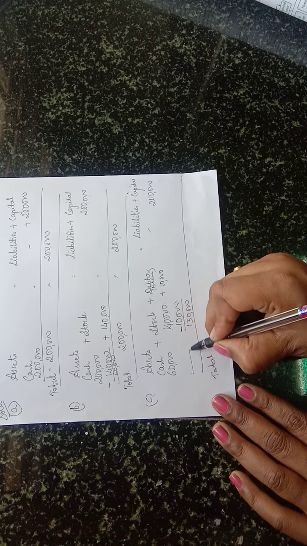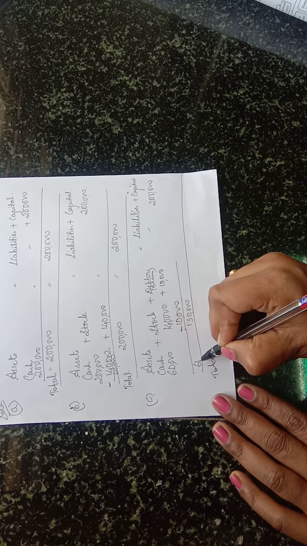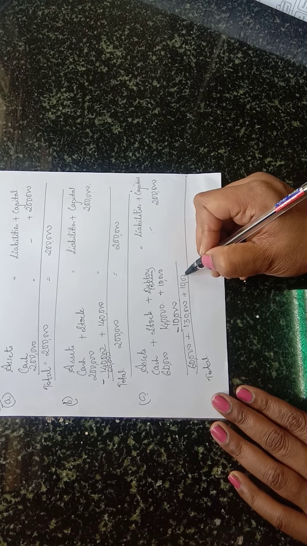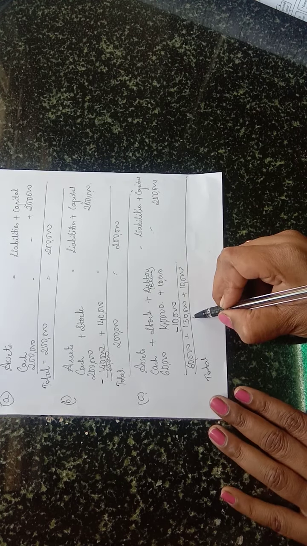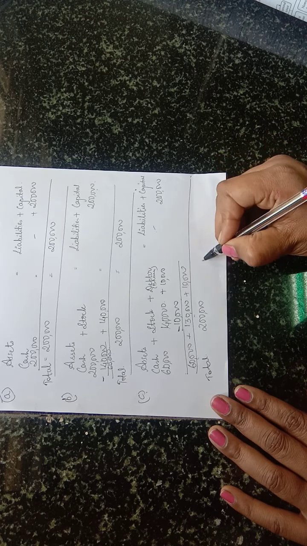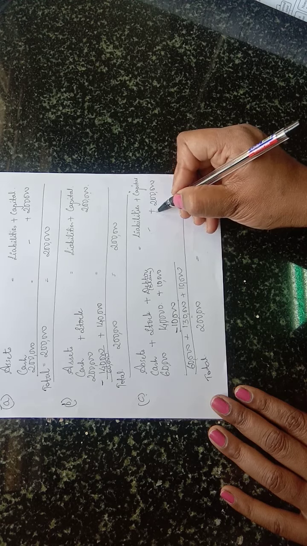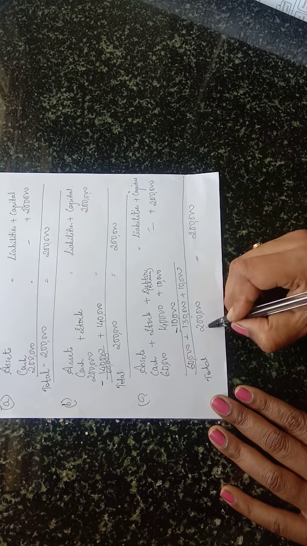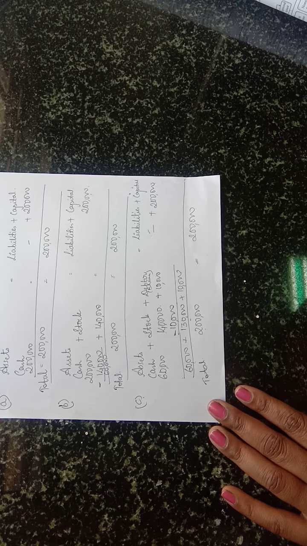I can write here also 60,000 plus 1,30,000 plus 10,000. 60 plus 130, 190 plus 10, 2 lakhs is equal to liabilities plus capital. Here nothing is there, so here also 2 lakh. So total equal. So this is third one. Now fourth one we will solve.